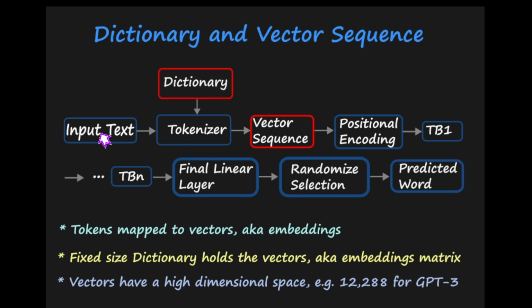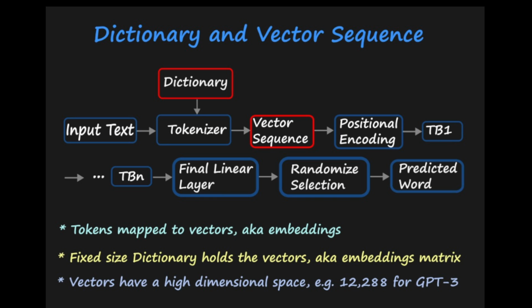So you go from input text to tokens to a sequence of vectors. So what were a sequence of words now become a sequence of numbers. Computers do better with math, you know. So they're going to use math to do the calculations and to understand the text.